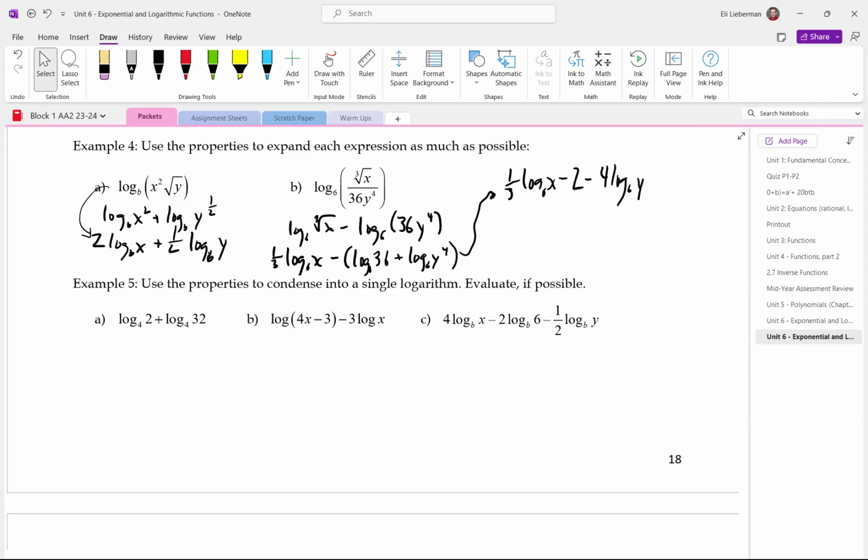Base 4 is right? Five. And then that is 3. Why is it three? Oh, x to the third, right? Where's 16? Yeah. It's long.